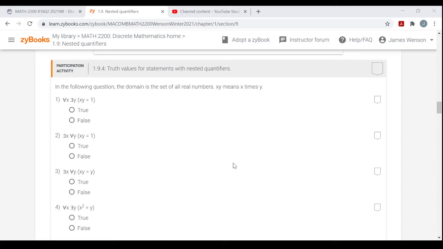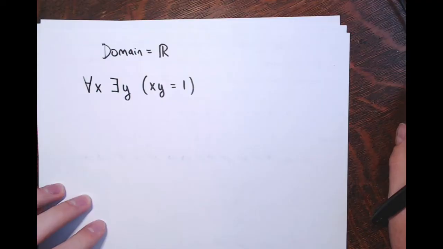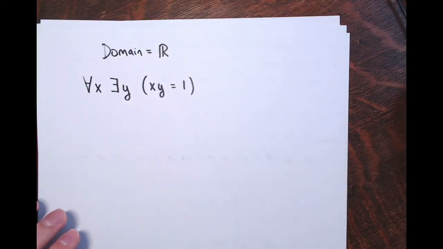So number 1, the first quantified statement in this activity. This time the domain is the set of all real numbers. Let me write down the first one and we'll take a look at it. Okay, so I've written down what's going on in the first one.